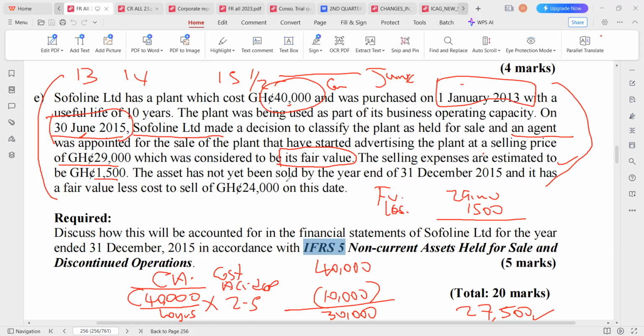The asset has not yet been sold by the year end, 31st December 2015. It has a fair value less cost to sell of 24,000 at this date. So now you see, they have given us another valuation.